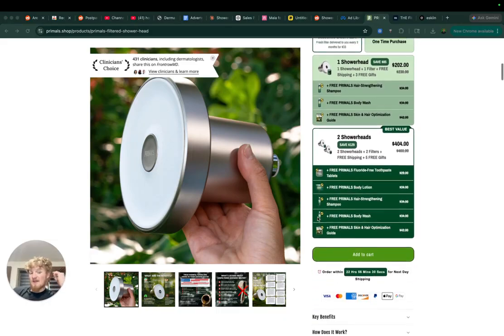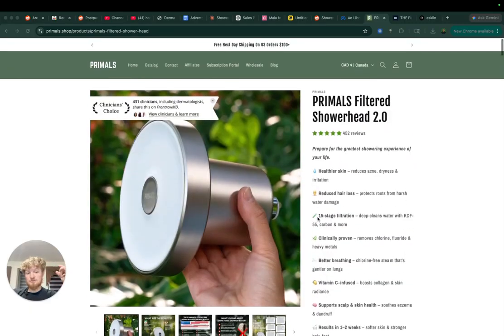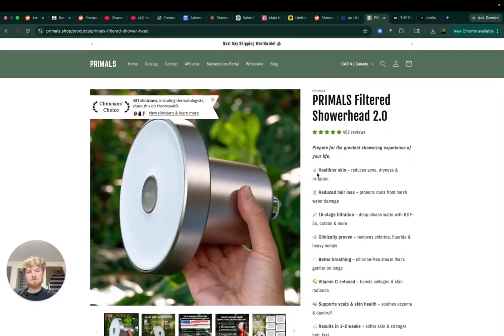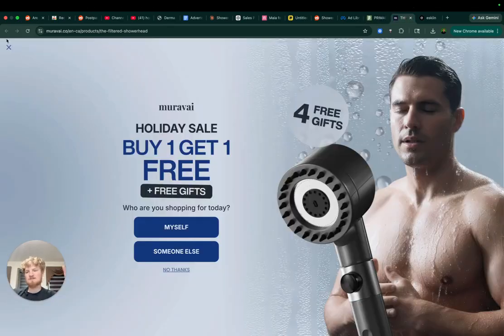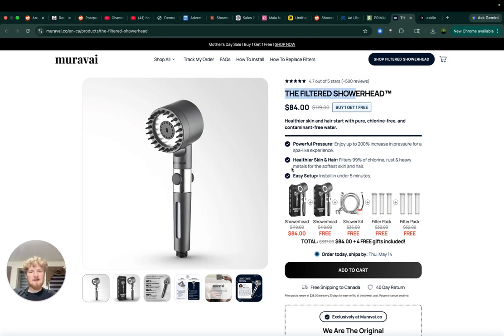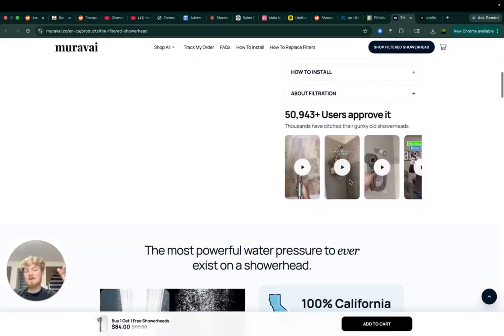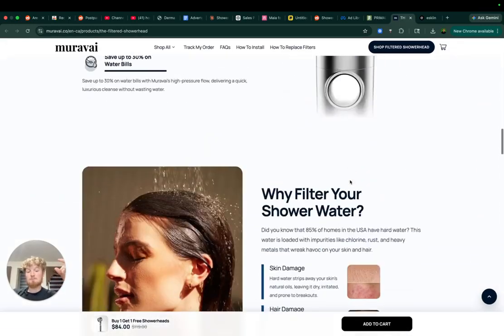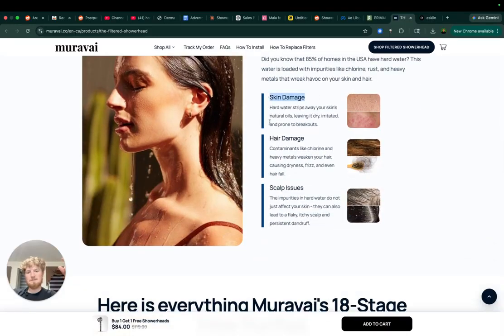So now that we know that these guys are just going after reduce hair loss, healthier skin, let's go look at these other people and see what they're selling. These guys are going for the healthier skin and hair. Again, everybody in this market is pretty much going for damaged skin, hair damage, and scalp issues.